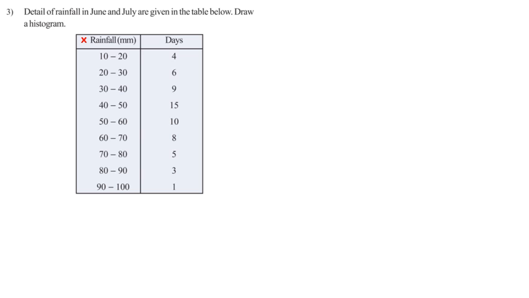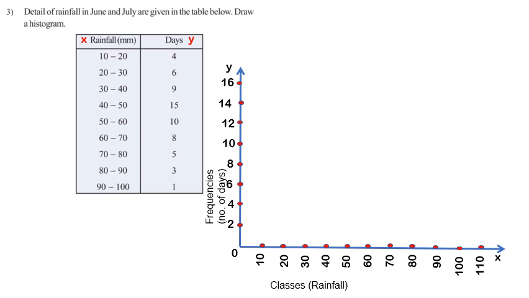Let us represent it with Y. Then start drawing the histogram. Draw x-axis and y-axis with appropriate scale. Then write the scale on the top: x-axis 1 centimeter equals 10 millimeters and y-axis 1 centimeter equals 2 days.